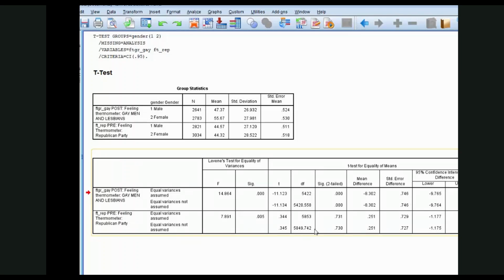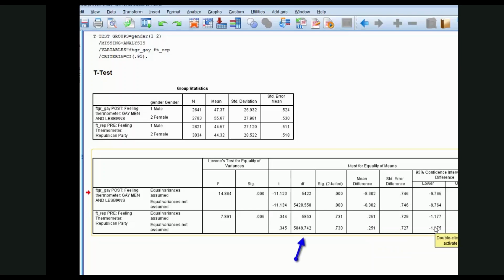Let's go down here and check this. We saw the difference from a substantive standpoint was rather anemic. Indeed, looking at the 95% confidence interval of the difference, it could be as low as minus 1.175 or as high as 1.676. Does zero occur within this interval? Yes, it does. And since zero is the null hypothesis's favorite number, we cannot reject the null hypothesis since it's in that interval.